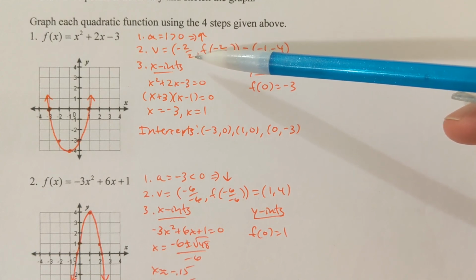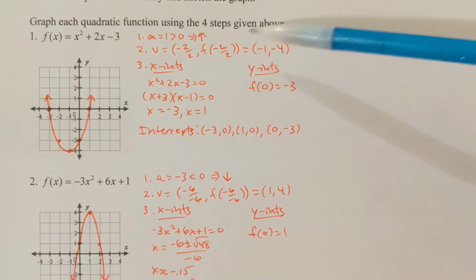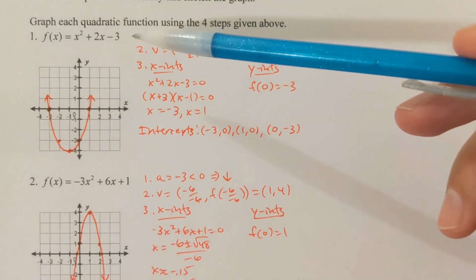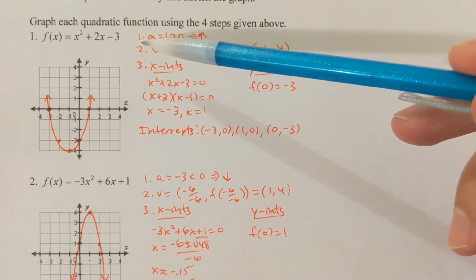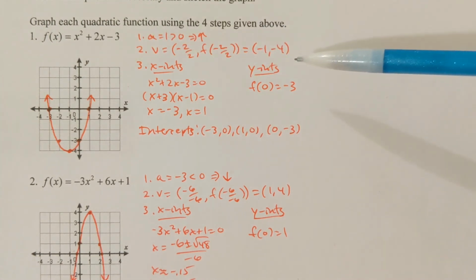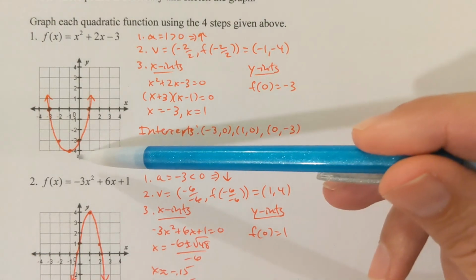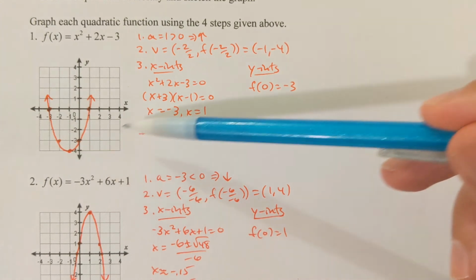Negative 2 divided by 2 times 1 is negative 1. f(-1) gives me 1 - 2 - 3, which is negative 4. (-1, -4) is the vertex. Okay, (-1, -4).